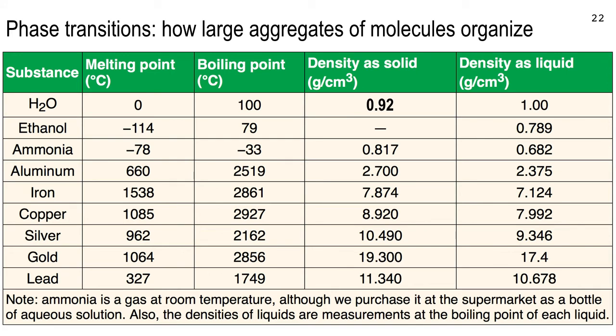Now, you may see somebody put a bottle of vodka into their freezer at home to keep it cold. Most people don't have a freezer that will go down to negative 114 Celsius. So the freezer will freeze water, but it won't freeze the alcohol in the vodka or whatever else you put in there.